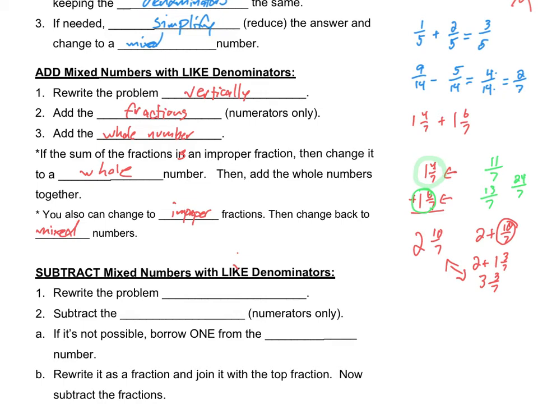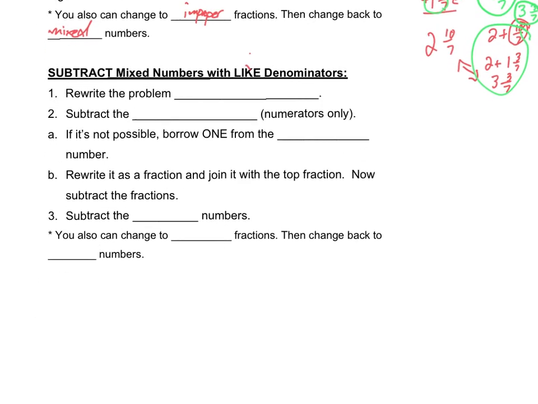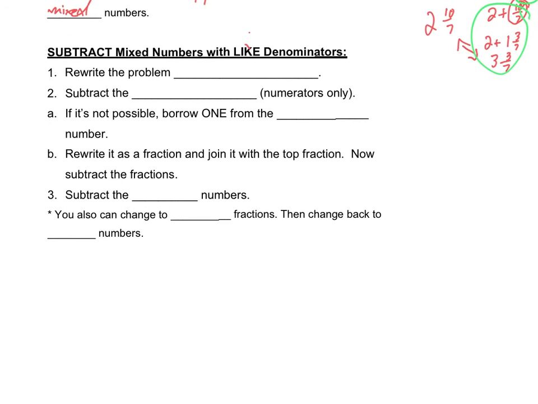And then I can see 7 goes into 24 3 times with a remainder of 3/7. So 3 3/7. So there I changed it to an improper fraction. Here I did it as a mixed number. It's faster as a mixed number, but either way works.